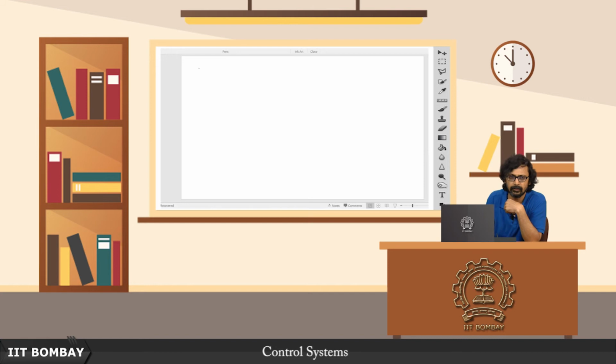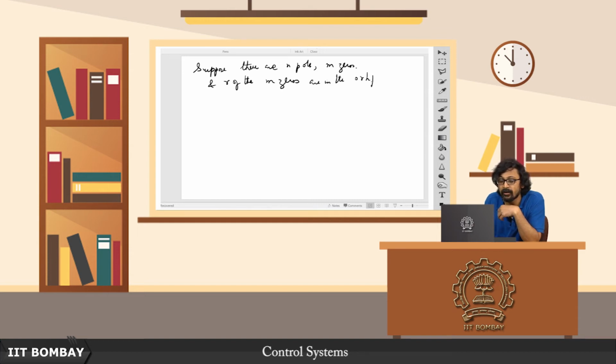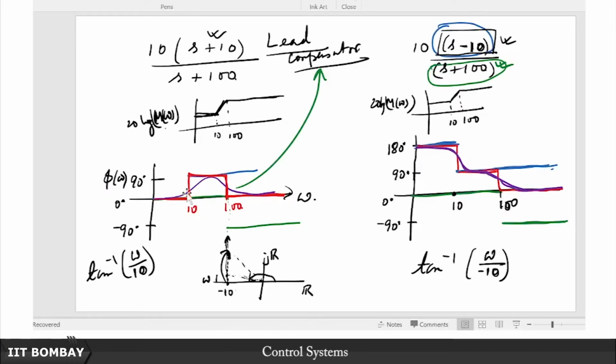But now suppose there are n poles, m zeros, and r of the m zeros are in the open right half plane. So it is a non-minimum phase system we are dealing with. Then notice what is the net contribution, the phase lead that is going to happen. Every time you encounter a zero at a break frequency, remember we just raised this phase plot by 90 degrees. We blindly did that.